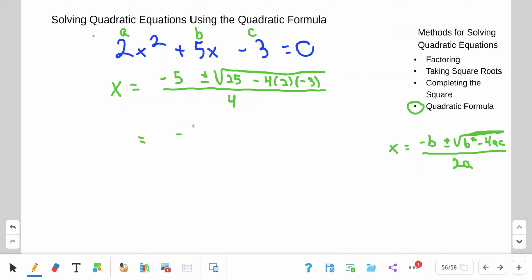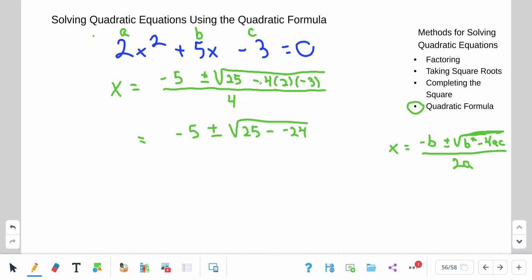Okay, and I'm going to do the part under the square root sign next. You know that you should do multiplications before you do subtractions, so I'm going to write 25 minus, and then 4 times 2 times negative 3 is negative 24. Okay, be careful.